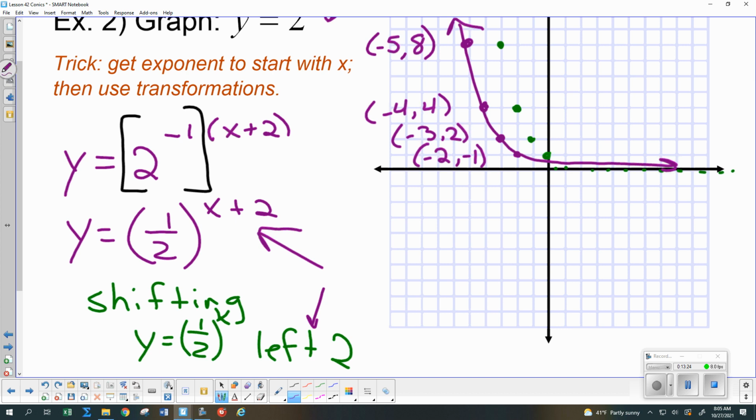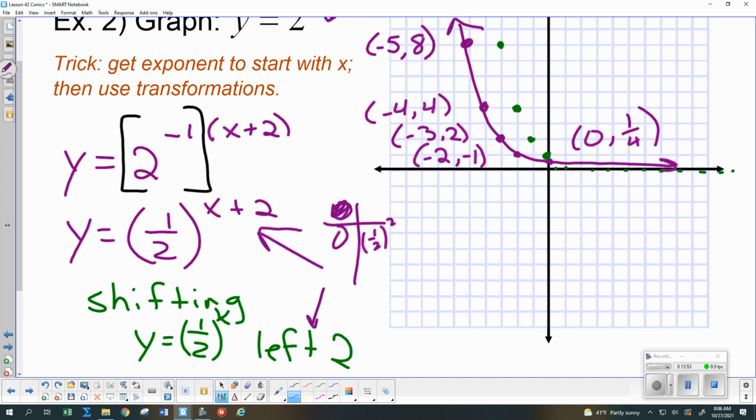If I wanted my new y-intercept, I could say 0, a half to the 0 plus 2, I'd have a half squared. So my new y-intercept would be 0, a fourth. And so we try to come up with the coordinates for the lattice points and usually also for the y-intercept. Questions with that and what we're doing?